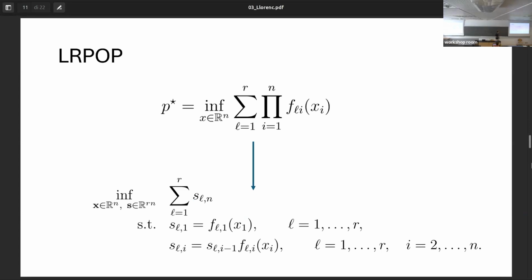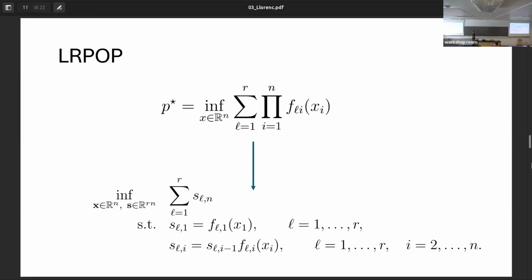So the method, we call it low rank polynomial optimization, and basically consists of the following. We want to find the infimum of this, so we want to minimize this polynomial. If we consider this polynomial in its full form, we've seen that the correlative sparsity graph is complete. All the variables interact with each other, which means that there's nothing to exploit.